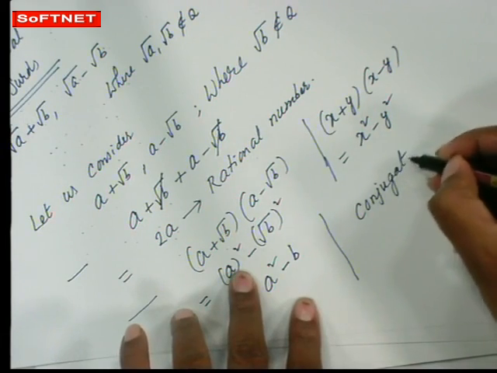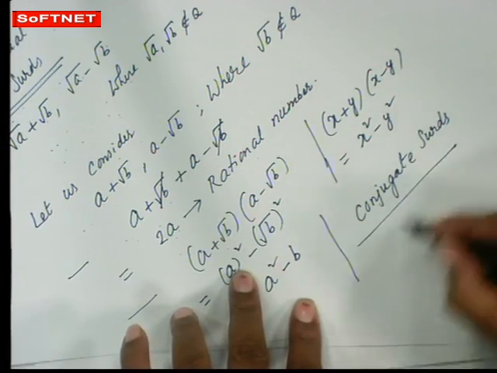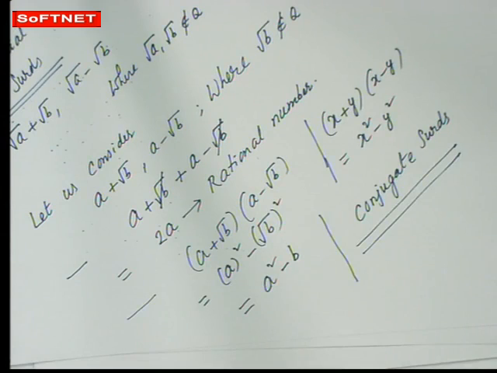This is very, very important. What do you mean by conjugate surds? If the sum of two surds is a rational number and the product of two surds is also a rational number, then they are said to be conjugate surds.